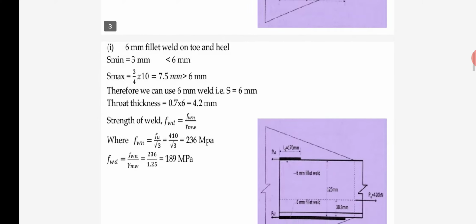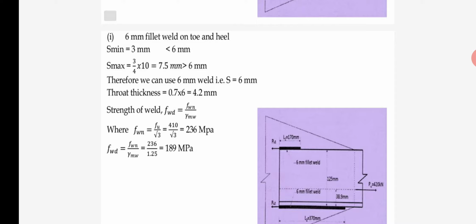Our next step is to decide the size of weld at toe and heel. The minimum size according to the code is 3 mm. S max is equal to 3/4 times 10, which is 7.5 mm. Therefore we can use 6 mm. But in our data, the 6 mm fillet weld is already specified.